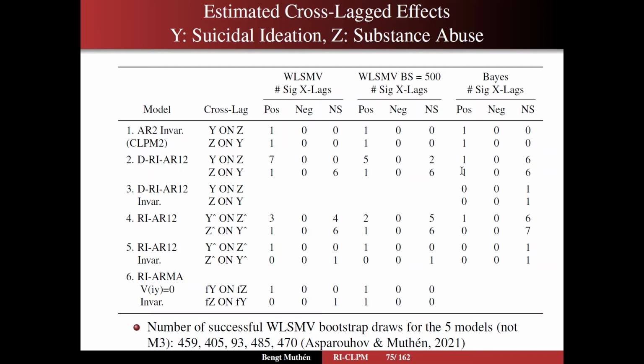And the standard errors are better estimated by bootstrapping, but bootstrapping is not as good as Bayes. Bootstrapping is like 500 draws of a distribution of parameters, whereas Bayes does 5,000 draws.